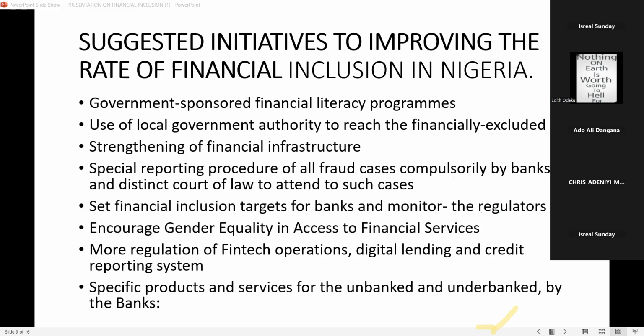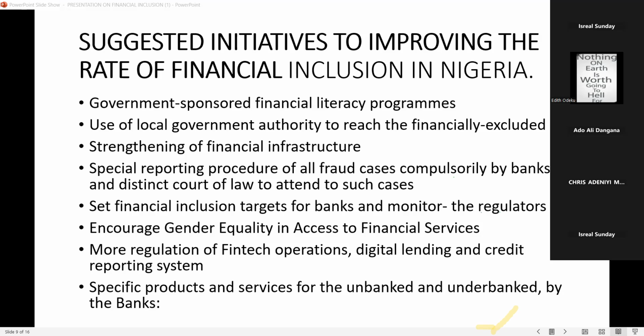Then there should be financial inclusion targets for banks. The regulators, either the CBN, who is the major arrowhead in the financial inclusion drive, should set financial inclusion targets for banks. If they have that, it will drive them to reach the unreached, and then encourage gender equality in access to financial services.